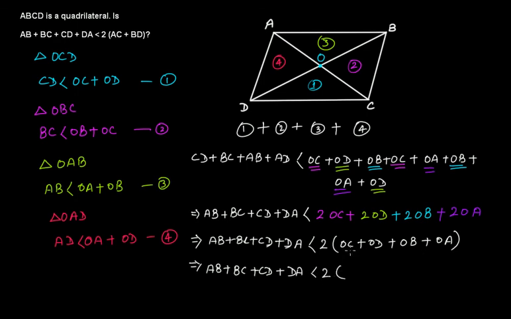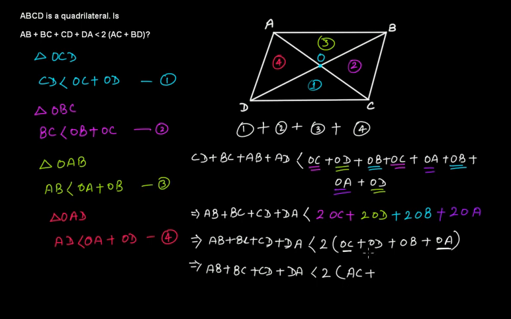If you add OC and OA, what you'll get? AC, right? This part plus this part means this whole part. So if you add these two, you'll get AC.